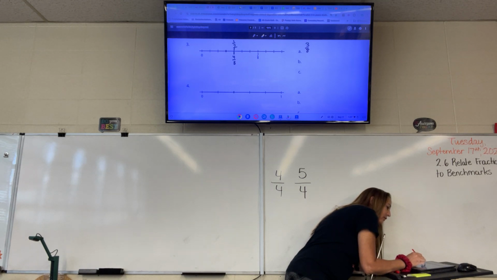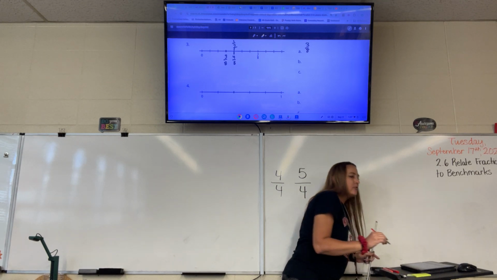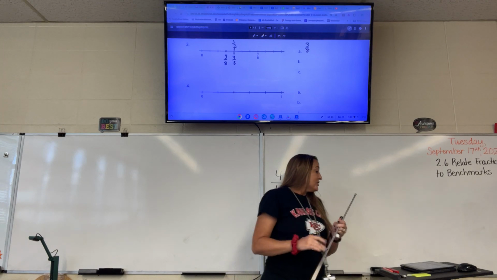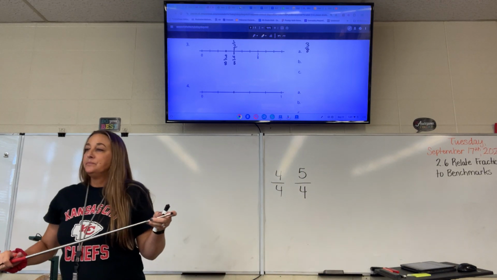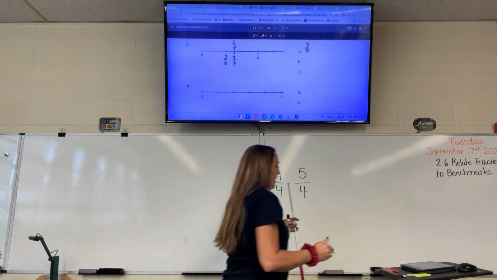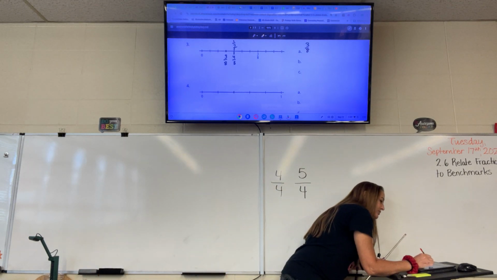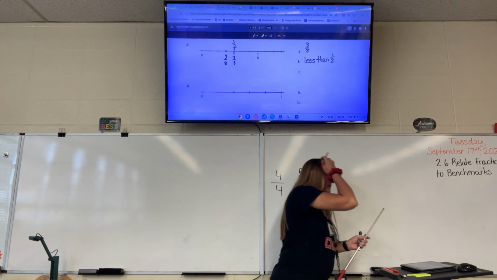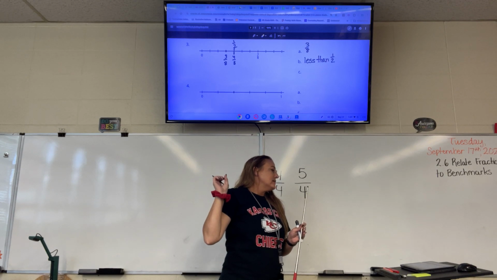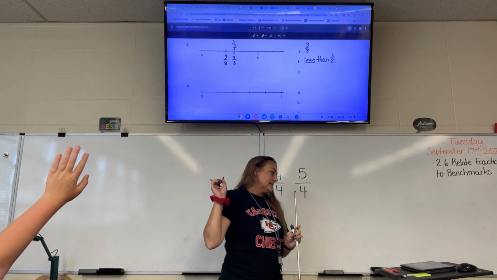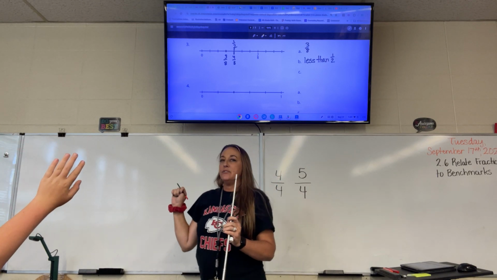So how far away from 3? Oh wait. First, is 3/8 greater than or less than half? Ari? Less than half because it's closer to 0. And what is the distance from 3/8 to 4/8?